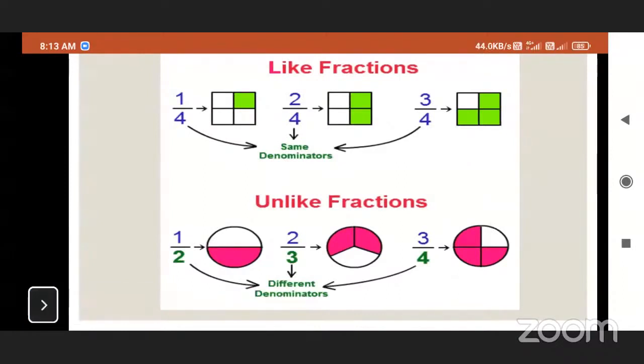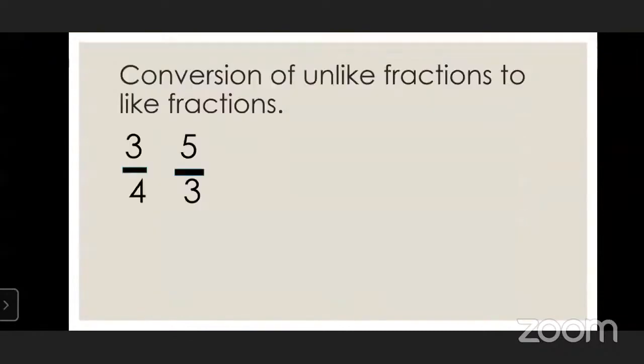If we have the same denominator, it is a like fraction, and with different denominators, it is an unlike fraction. So can you recognize the like and unlike fractions? Yes. Very good.